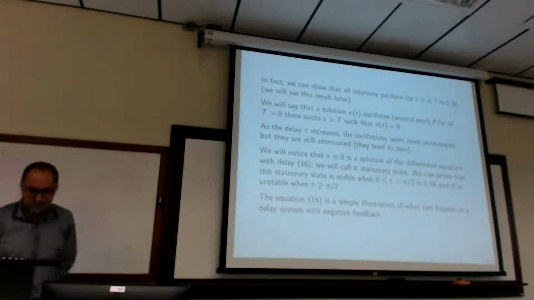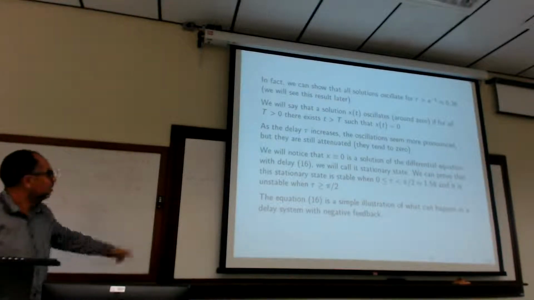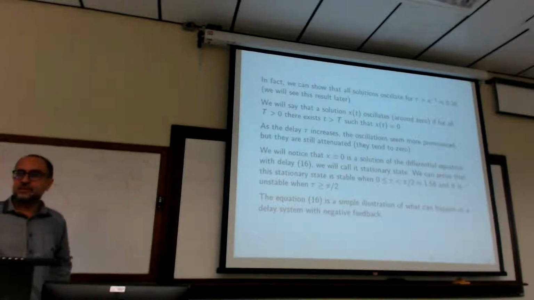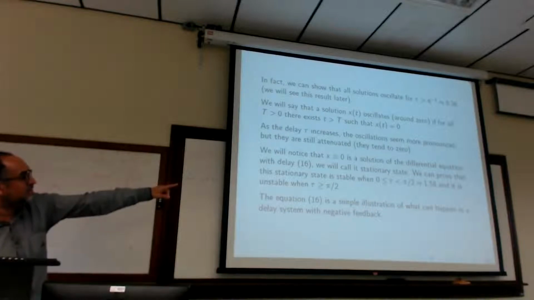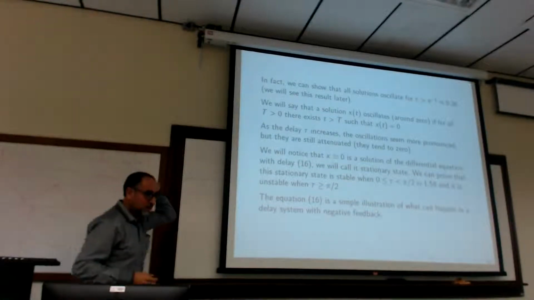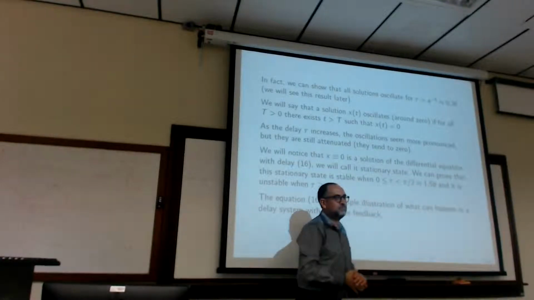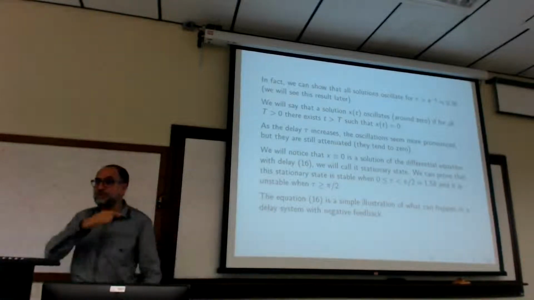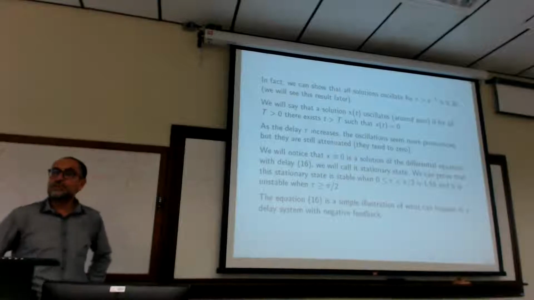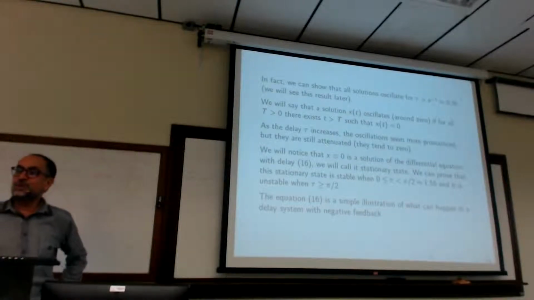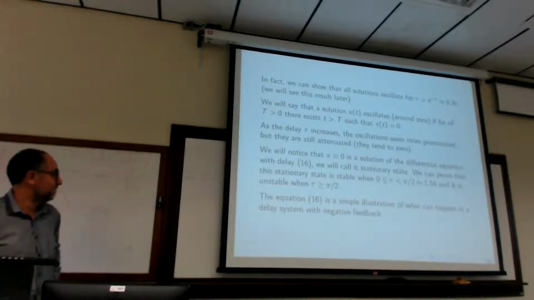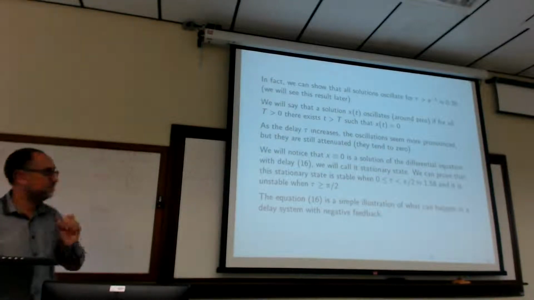And what is more interesting for this one, I told you tau is greater than 5 over 2, because I took this approximation, but the real value is this one. If we take tau greater than this, periodic solutions appear, and we know the period is exactly 4. This is interesting.